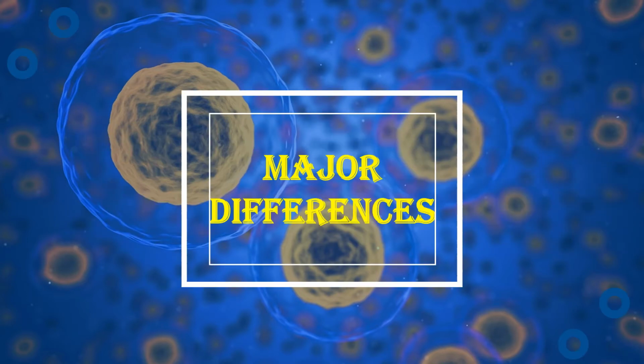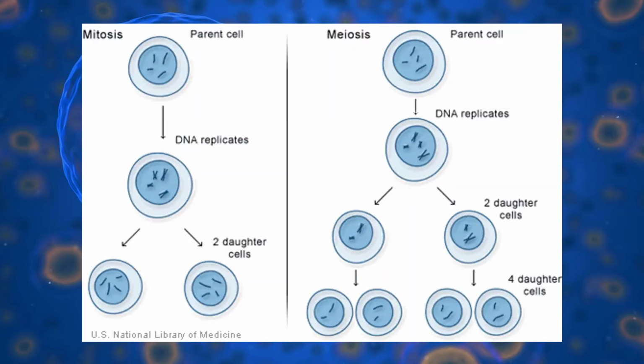Now, let's move into the major differences. Take a look at these images. Observing these images, we can easily notice the most basic differences between the two. Let's begin noting down each difference individually.